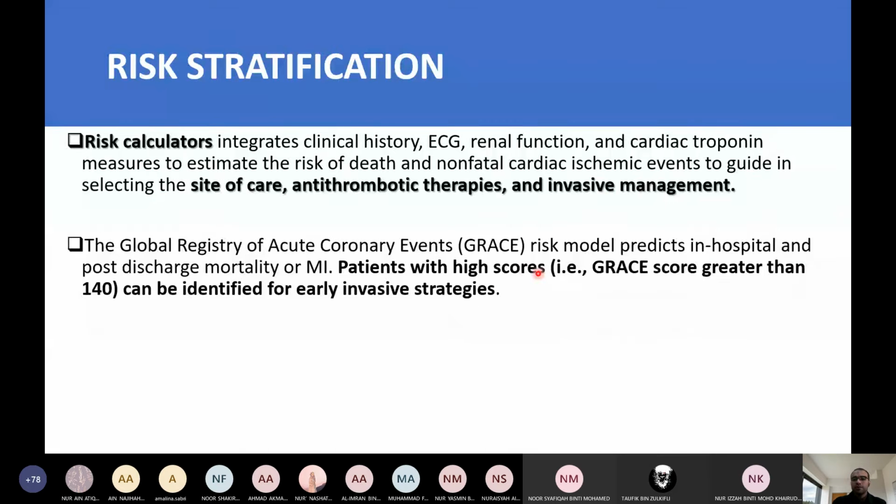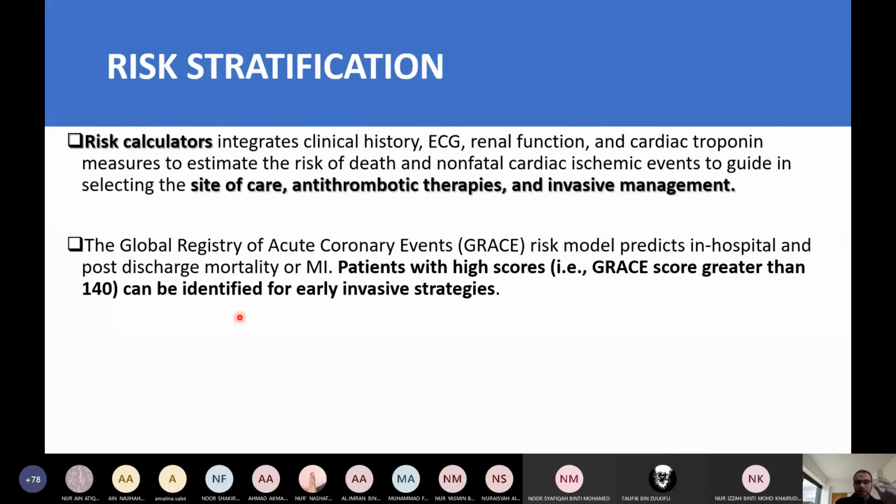In the risk scores, we have so many of them, but maybe the most important and the most common one, we have the TIMI score. We'll discuss it later in the next slide. We have the GRACE score, the Global Registry of Acute Coronary Events, and many factors are there, and by the end of the assessment, the patient will have a score, maybe 80, something like this, but all the scores higher than 140 are considered high risk.